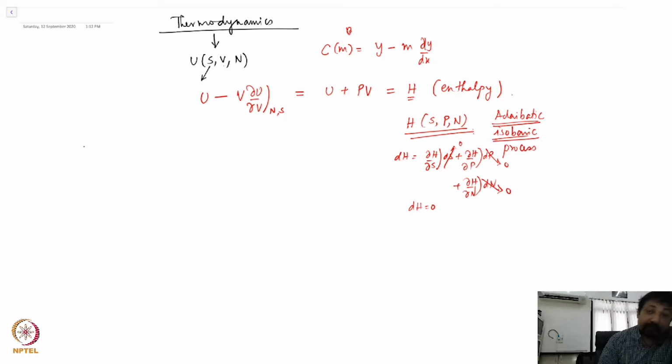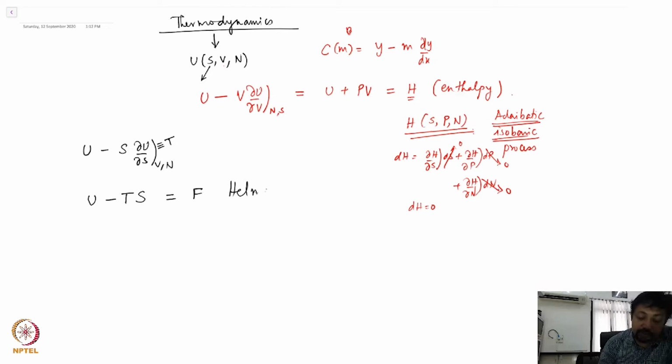I can replace S. So let me write down S ∂U/∂S at constant V, N. This is U minus TS because I know that this derivative is equivalent to T. And this quantity is known as Helmholtz free energy.